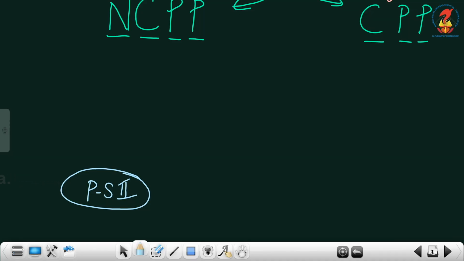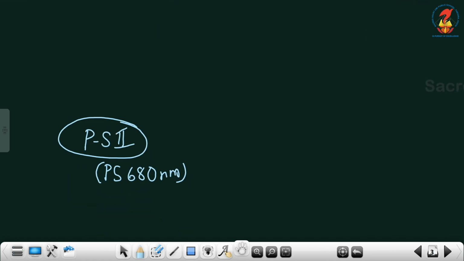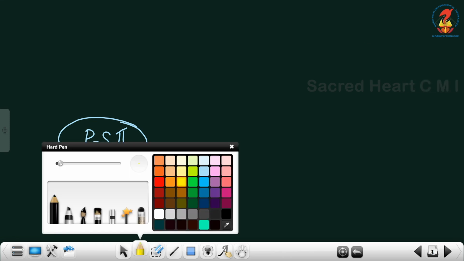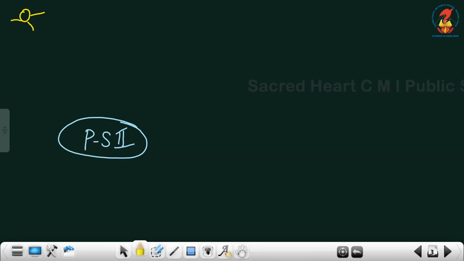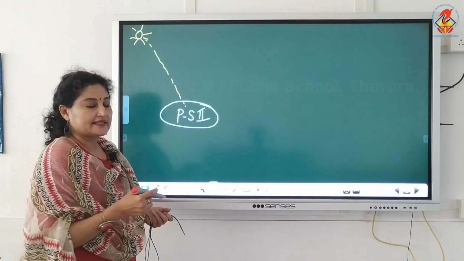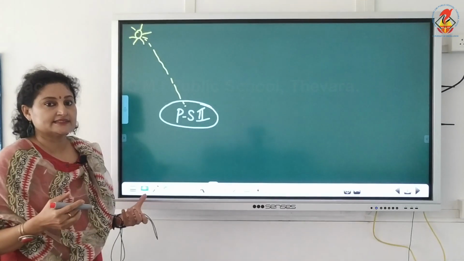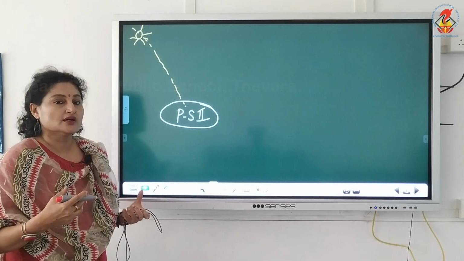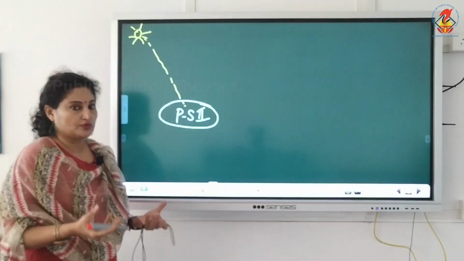And what is photosystem 2? I will elaborate here. It is photosystem P680, 680 nanometers. We know by now what is photosystem 2. Now, due to the sun's light, photosystem 2 gets illuminated, and therefore an electron gets excited and jumps to an orbit further away from the nucleus.